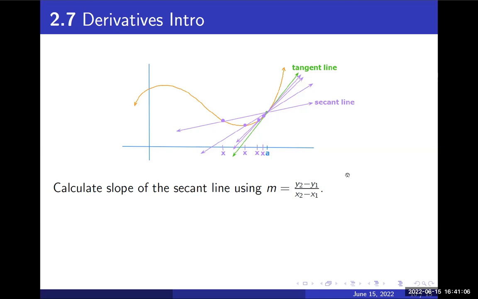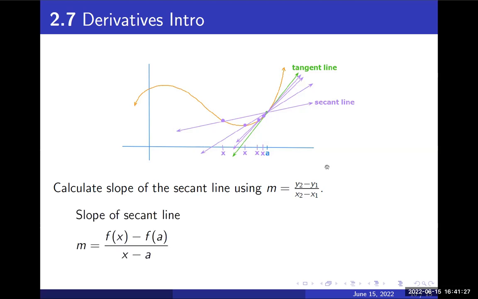You might think, typically we think the point on the left is x1 and the point on the right is x2. We're going to switch it here, and that's okay because the parts of the numerator are going to reverse as well. So what would be the slope of our secant line?